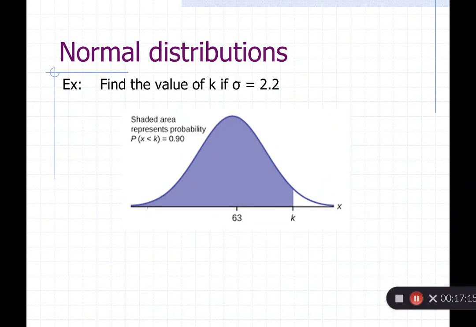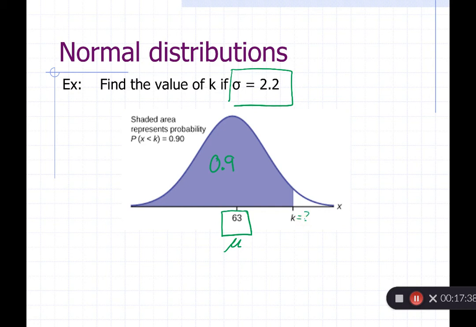So let's say the shaded area is 0.9. We have a mean of 63. We have a standard deviation of 2.2. And if we want this number k, what is k?